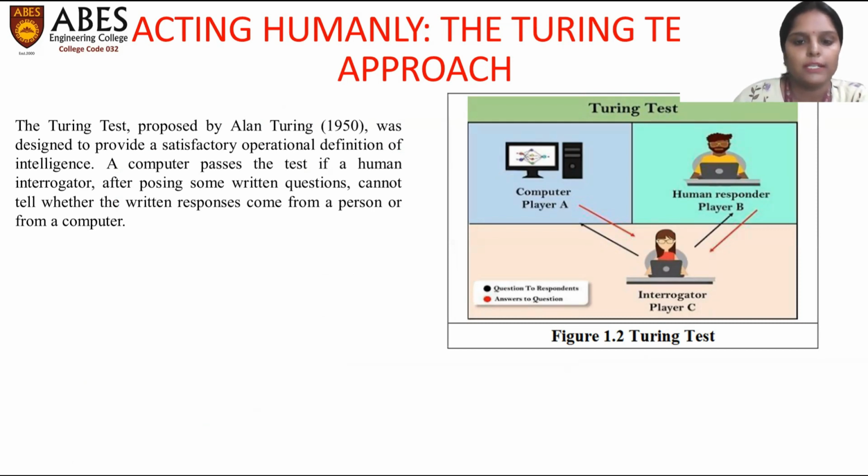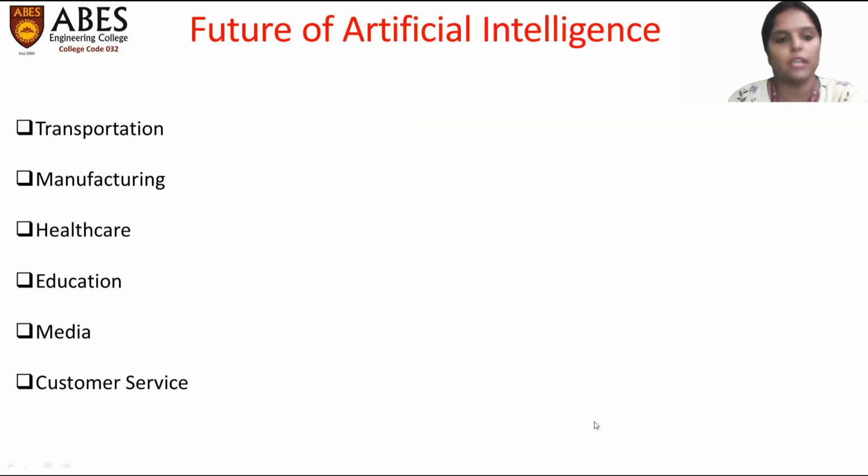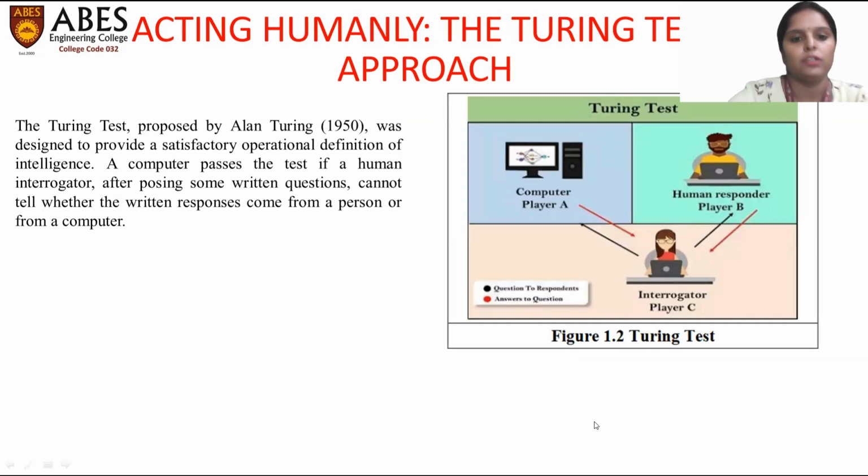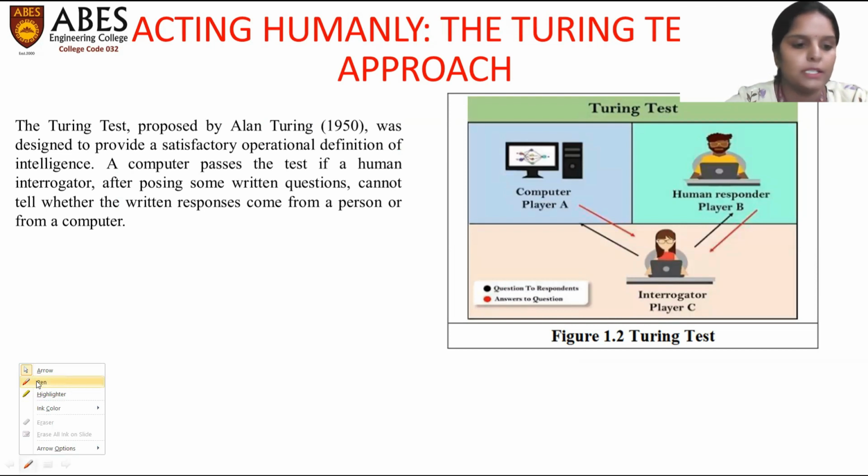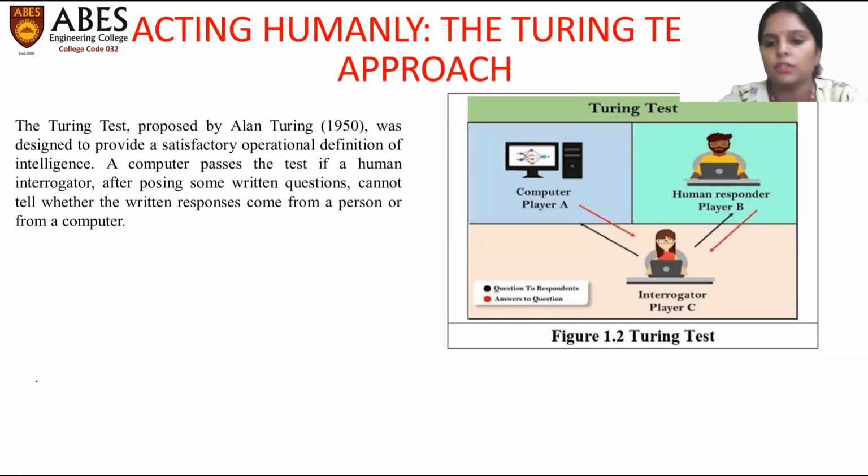The Turing test approach. For this, the inventors proposed the Turing test approach, and that was done by Alan Turing in the 1950s. Here we see computer A, human responder, computer B, and interrogator player C. Interrogator C doesn't know who is answering, either a human or a computer.